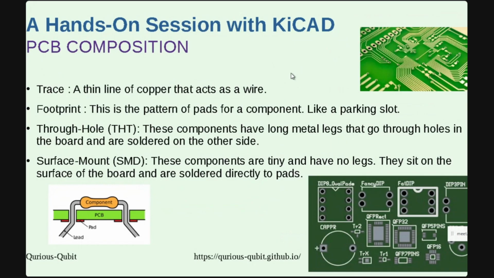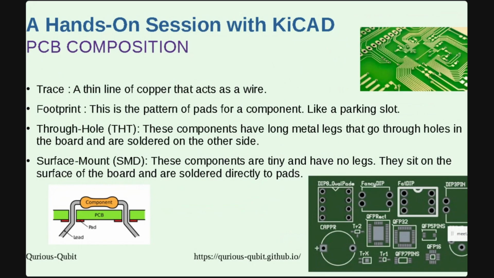Next comes a term called footprint. You can imagine a footprint as a parking slot for our components. When you design a PCB, you have to properly define the dimensions of each component. We have different types of resistors: horizontal ones, vertical ones, and different materials.